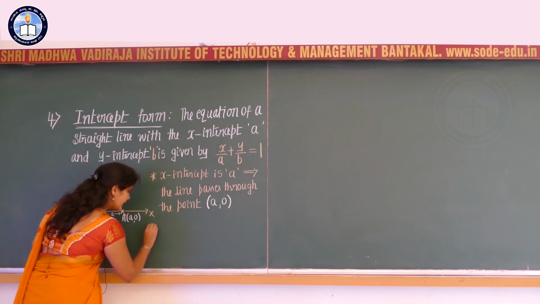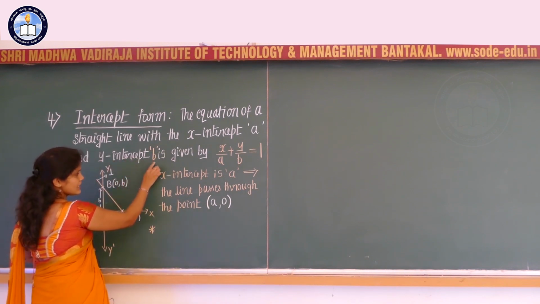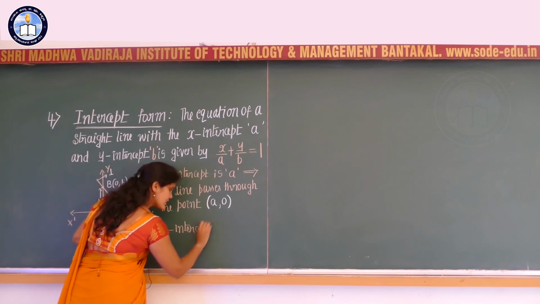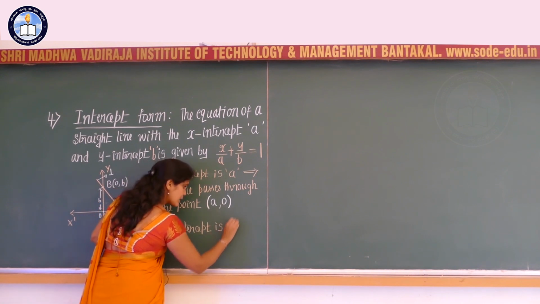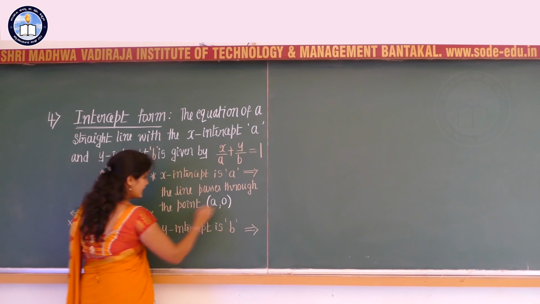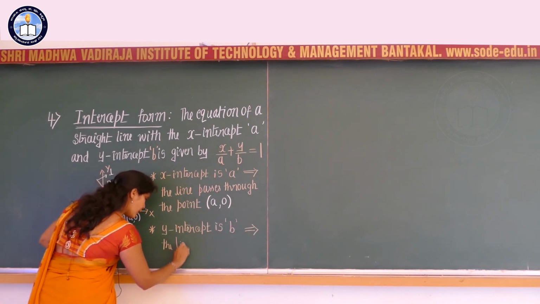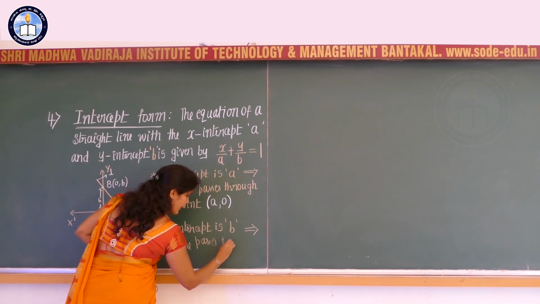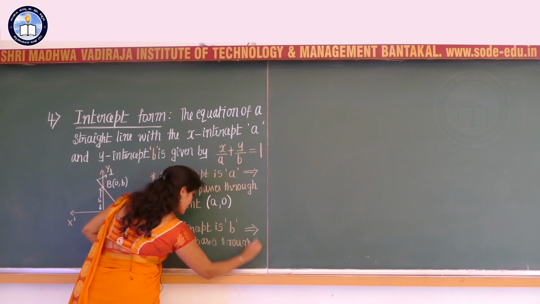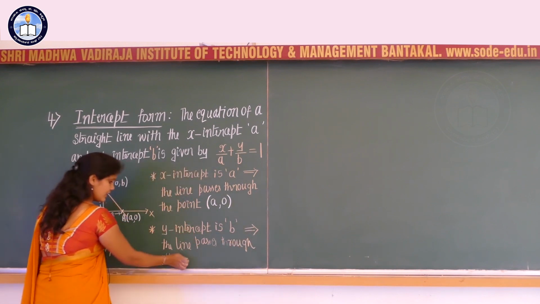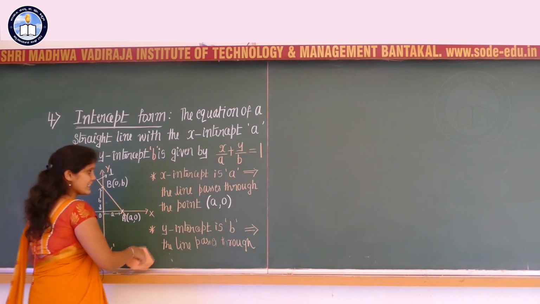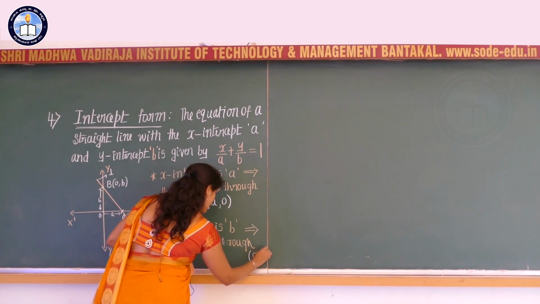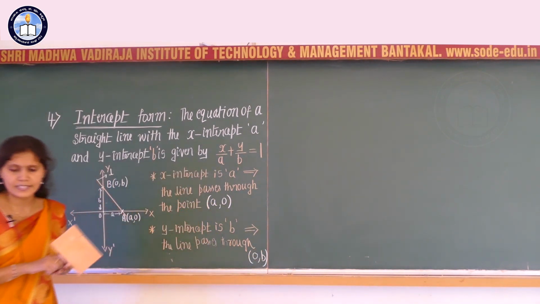And we can consider another point: y-intercept is B. What is the meaning of y-intercept is B? It implies that the line passes through the point ordered pair 0, B.